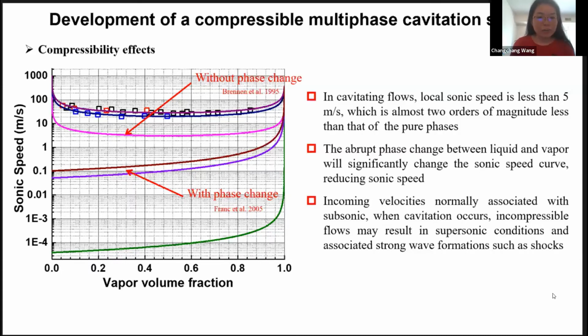Consequently, in cavitating flows, although the incoming flow is always low speed and subsonic, when cavitation occurs, the incoming flow may result in supersonic conditions in the local cavitation regime, and the associated strong shock wave could be generated.